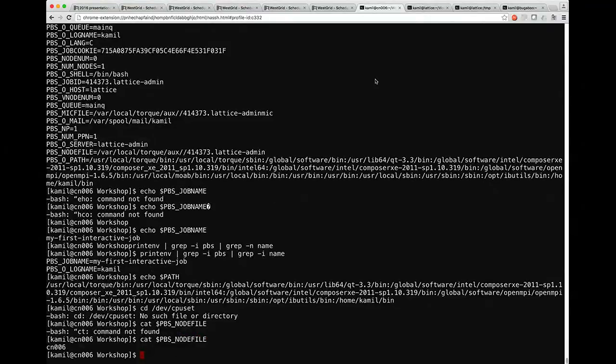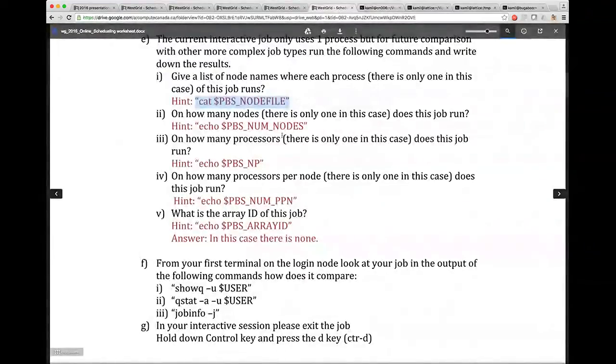It's going to contain a line for every single core or processor that was assigned, and which machine it's assigned to. The idea here is to look at that. PBS num nodes is going to tell you on how many nodes your job runs, and so on.